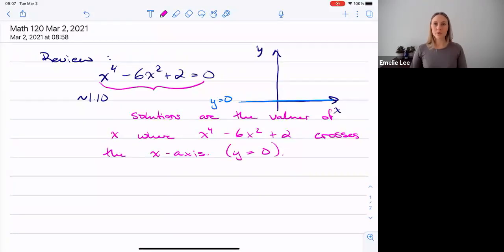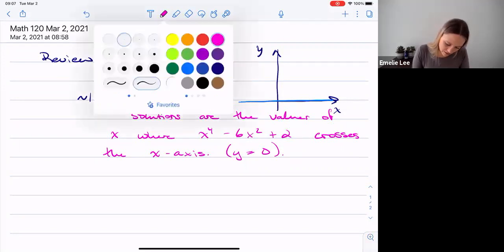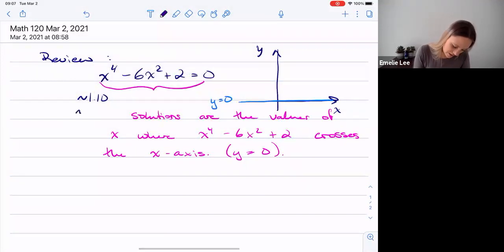Okay, so because I'm not getting you to solve this one, this feels like a 1.11 question where we should be using Desmos, because a lot of them are a little bit harder than this one, I wouldn't get you to do this by hand.